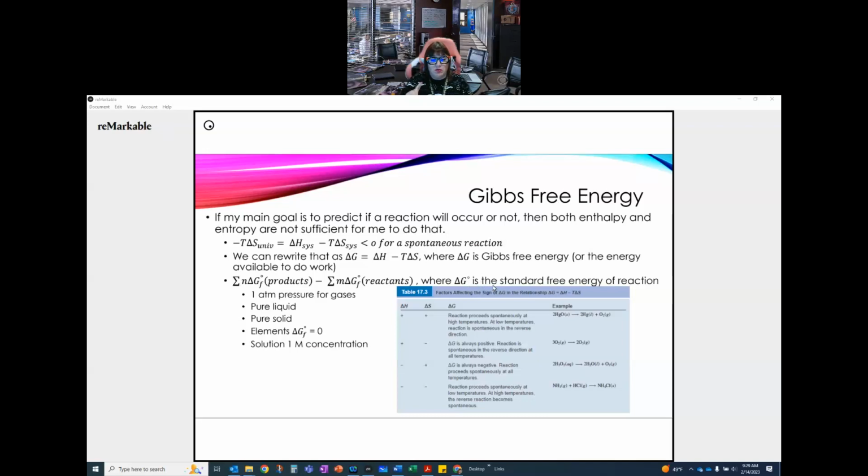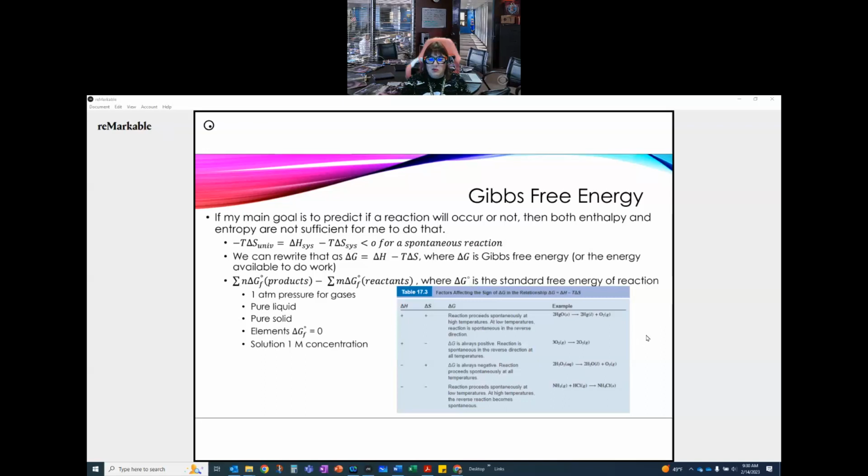This is 1 atmosphere pressure for gases, pure liquids, pure solids. For an element, delta G naught f is 0, and solutions are 1 molar in concentration. Okay? So that's what we're talking about for what that delta G naught f stands for. So standard conditions: 1 atmosphere, 1 molar, pure liquids, pure solids, and elements are 0 yet again.